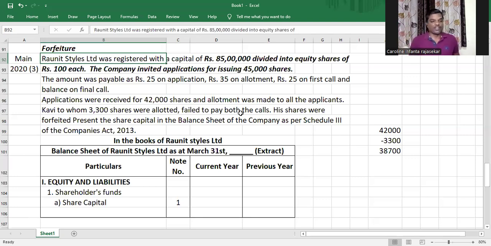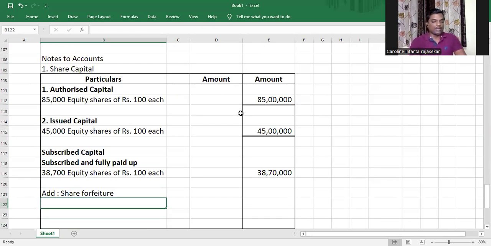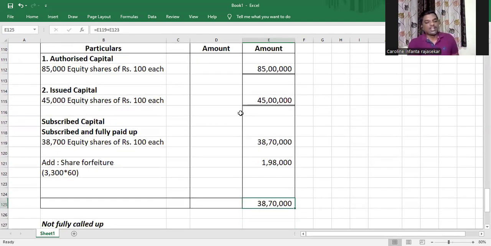On application, it is 25. On allotment, it is 35. In the share forfeiture account, we will have the paid up value. On the 3,300 shares, he has paid 60 rupees, 25 plus 35. So if I add that, it will be 3,300 into 60, which happens to be 1,98,000.